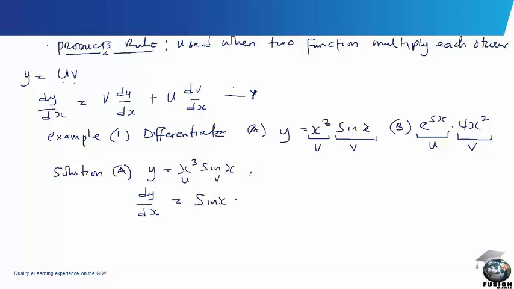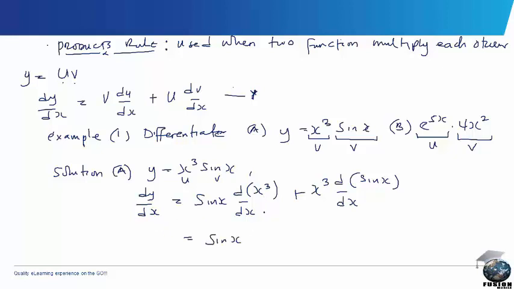Keeping v constant, I have sine x, and then differentiate u, which is x cubed, with respect to x, and then an addition sign follows. Keep u constant, this is my u, and then differentiate v, which is sine x.